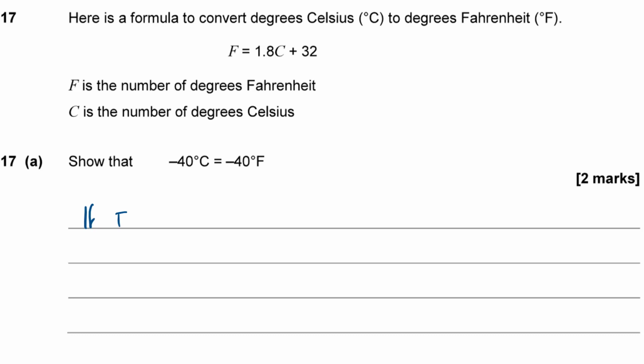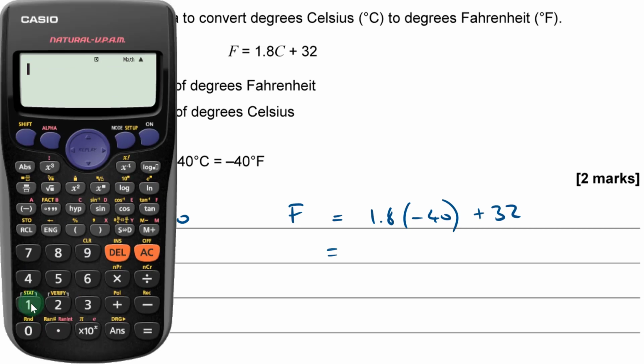Let's start with C because this formula is in terms of C. So let C equal minus 40, then F is going to be 1.8 lots of minus 40 plus 32. 1.8 lots of minus 40 is what? 1.8 times 40, so that's going to be negative 72, minus 72 plus 32, and minus 72 plus 32 is indeed minus 40. Okay, so we've shown it.